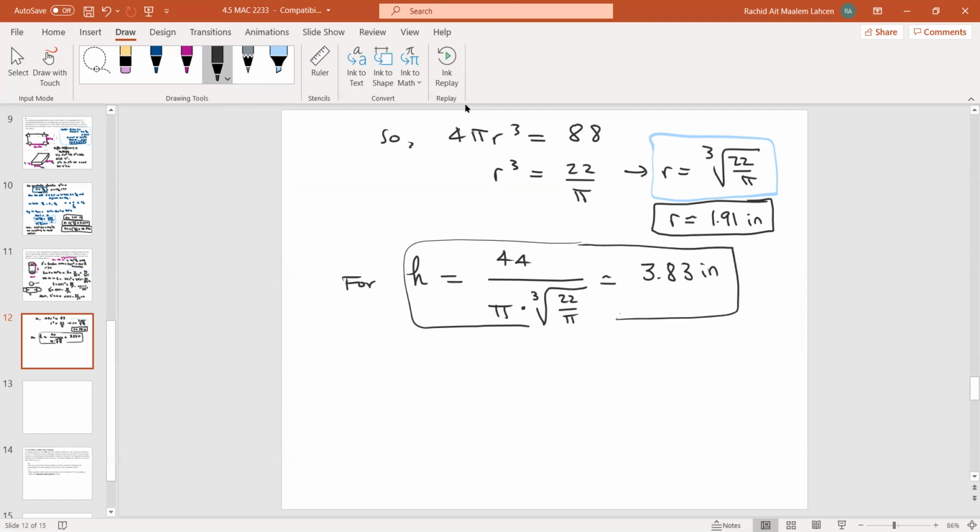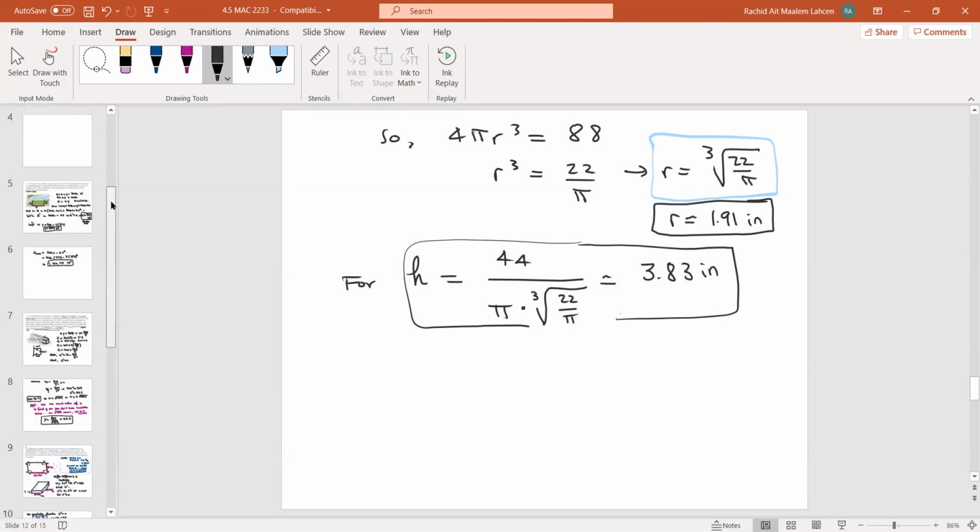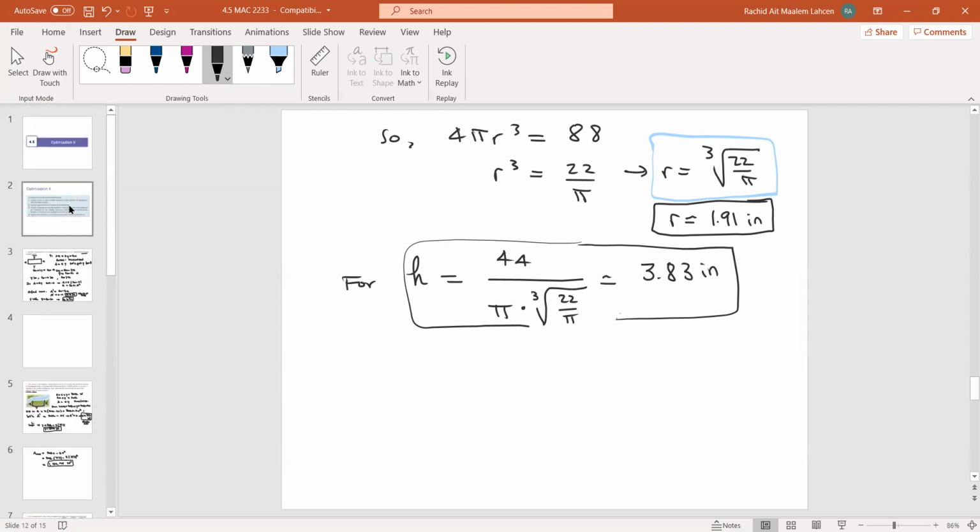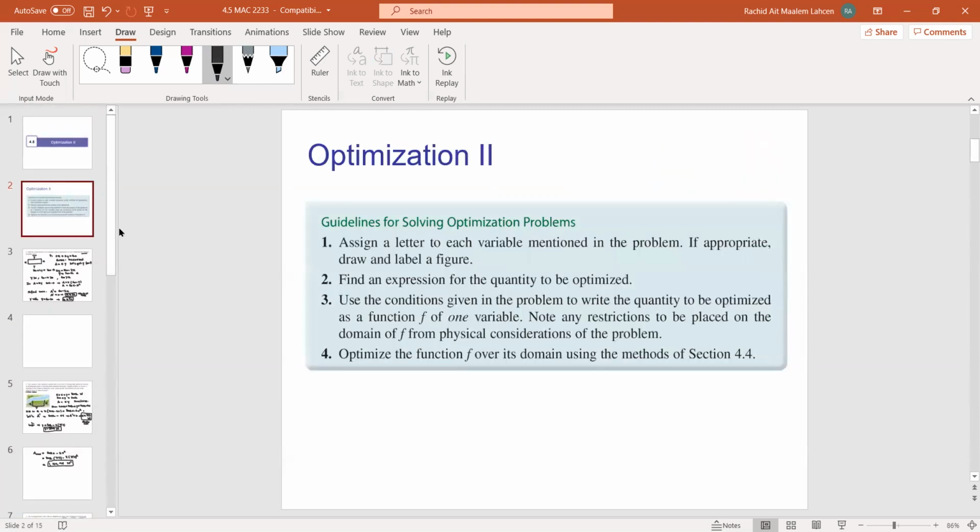So as you see, in summary for all these, there is almost no problem that is different. The guidelines or the procedure is the same. So the difficulty is going to be in the setup and sketching.